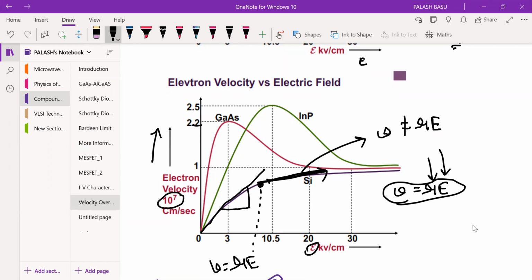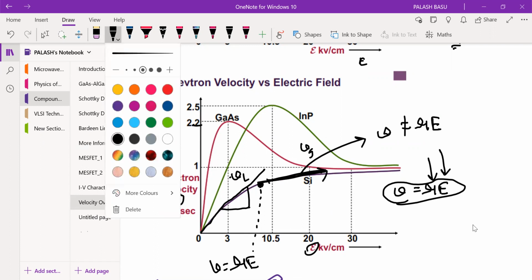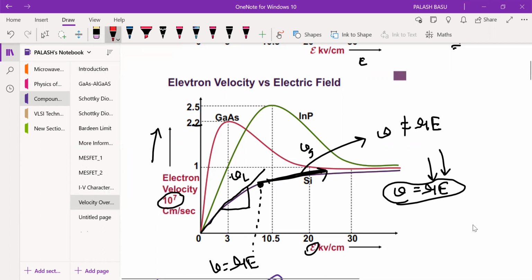So you have one velocity which follows a linear relationship, we can write V_L, L for linear, and another velocity which is saturation, V_s, and in between we can draw a curve.